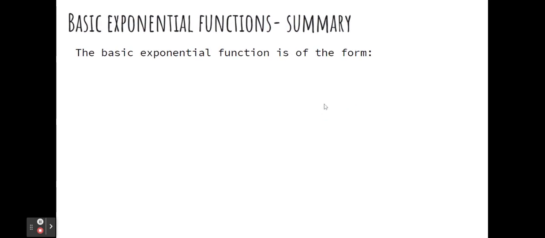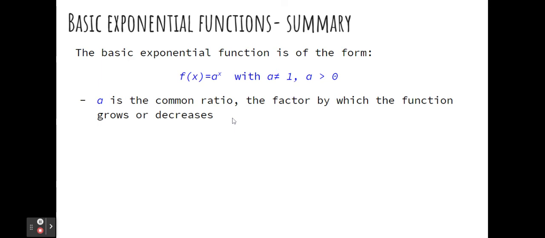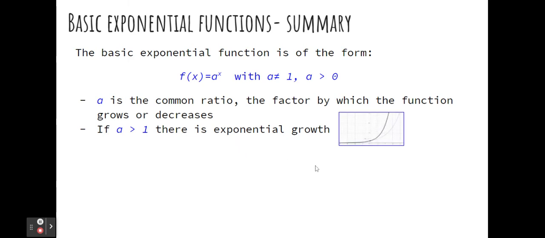So in summary, the basic exponential function has this form: f of x equals a to the exponent of x, with a not equal to 1 and a greater than 0, only positive values. a is the common ratio, the factor by which the function grows or decreases. If a is greater than 1, then we have exponential growth, a graph that looks like this.